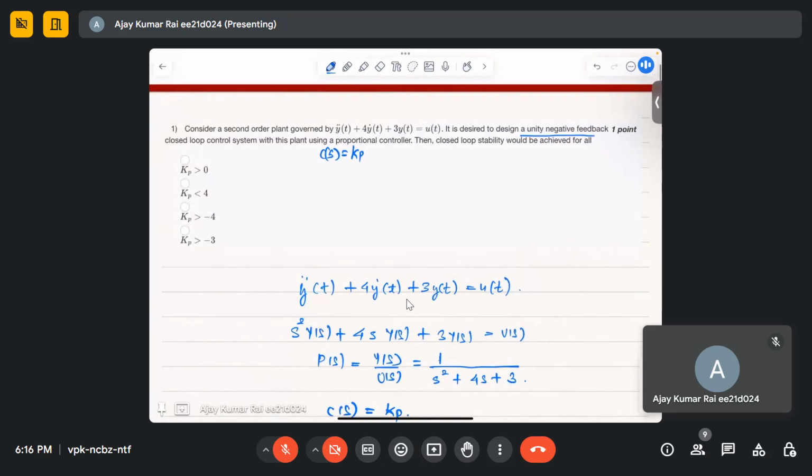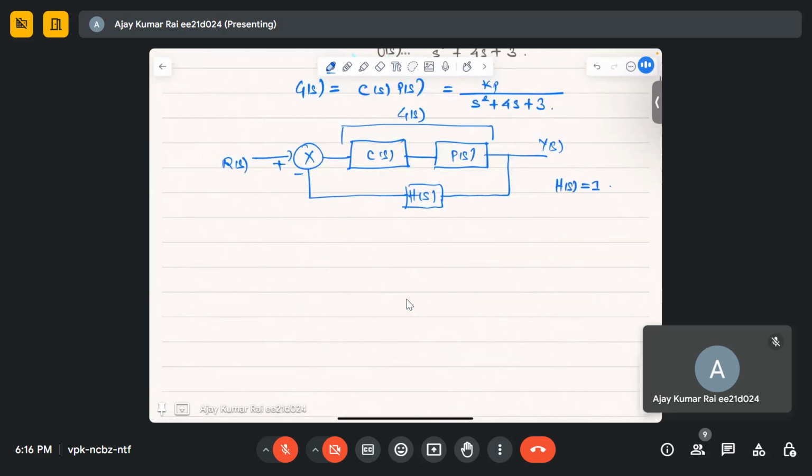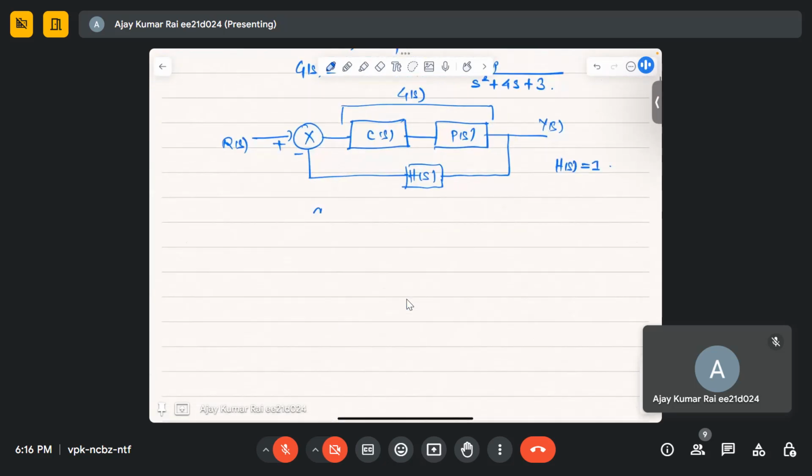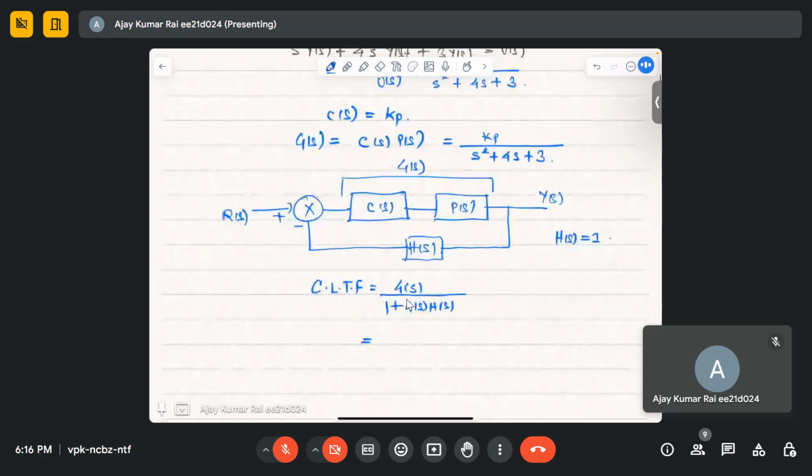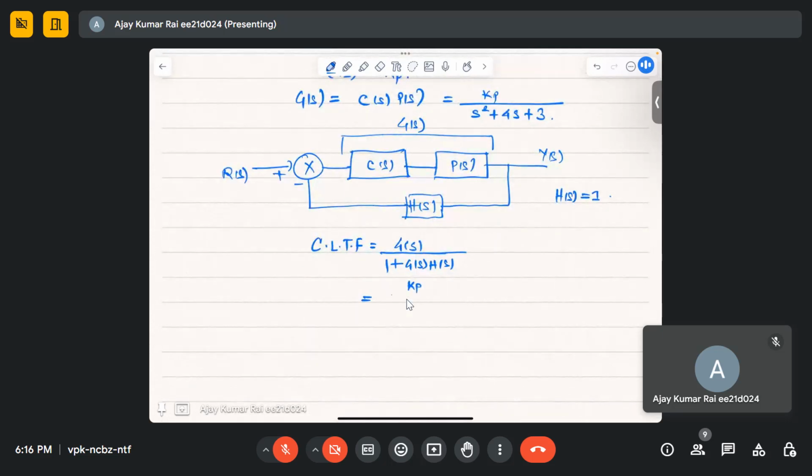To find the closed loop stability, we have to find the closed loop transfer function. The closed loop transfer function is G(s) by 1 plus G(s) into H(s). In this case H(s) is equal to 1. So G(s) is Kp by s square plus 4s plus 3, divided by 1 plus Kp by s square plus 4s plus 3.